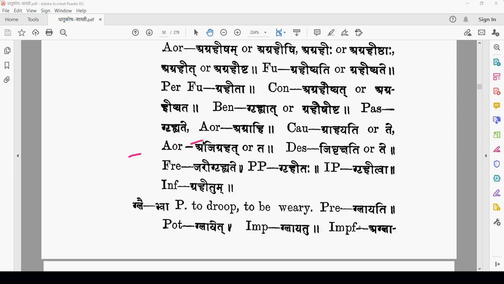And the first one, Shabda Manjari, has the forms of Namapadas, or the nouns. And it also has many verbs, but not as extensive as the second one. You can try both of them. And one good thing about the dictionary which I showed just now is that it also gives the English meaning.